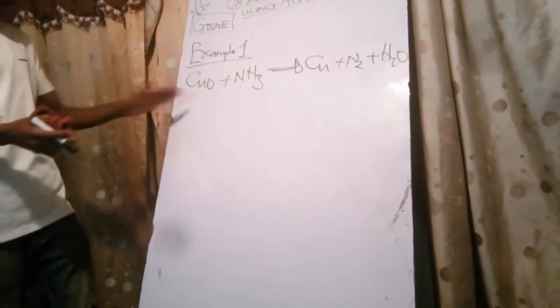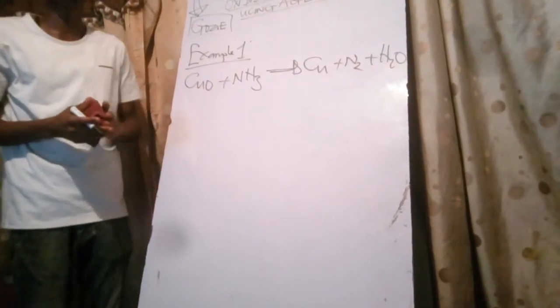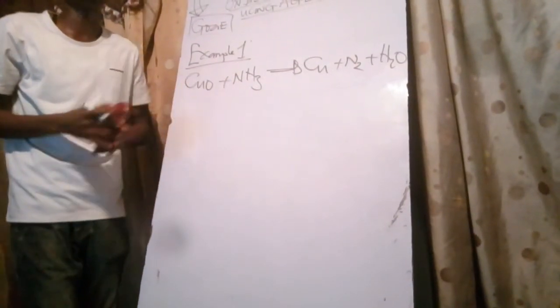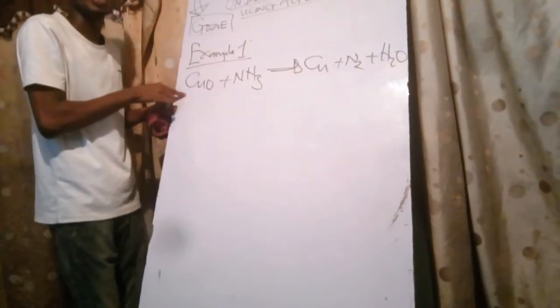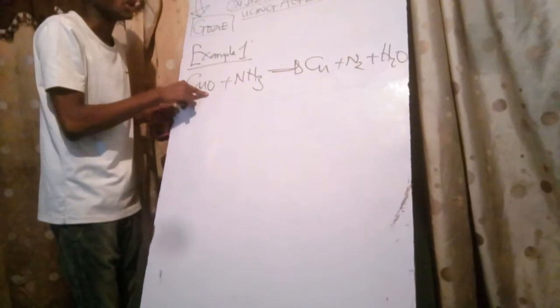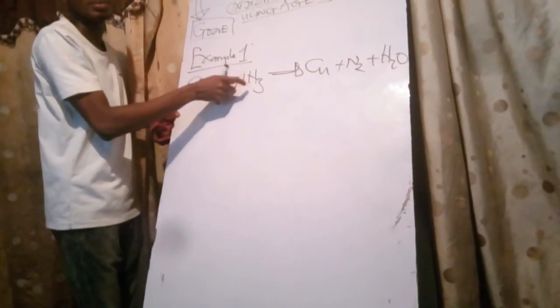You will be asked which of these two is the oxidizing agent and which is the reducing agent. Let us analyze this compound and see what happens to it, whether it is oxidation or reduction, so that we will know the name of this man.